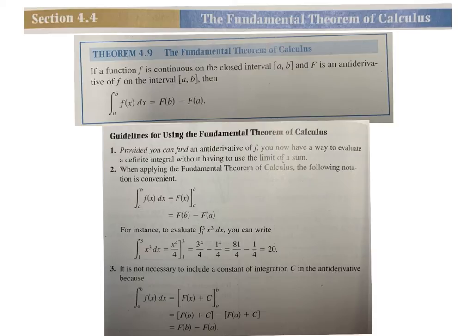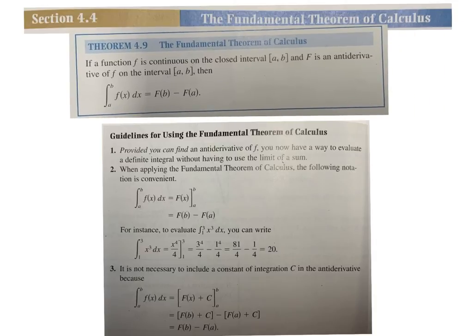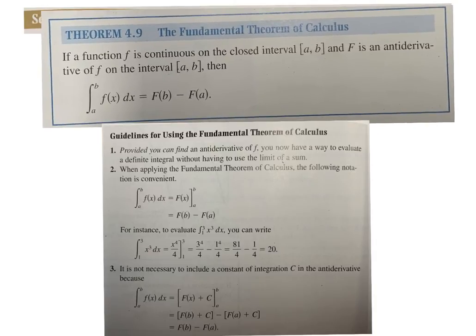Guidelines for finding the fundamental theorem of calculus are listed there. You have to be able to find an antiderivative. The whole goal of the fundamental theorem of calculus is that you have an antiderivative. The integration comes from limit theory, but limit theory is not the easiest way to do it.